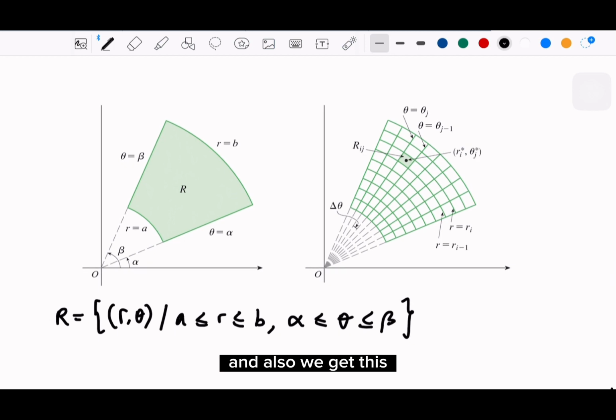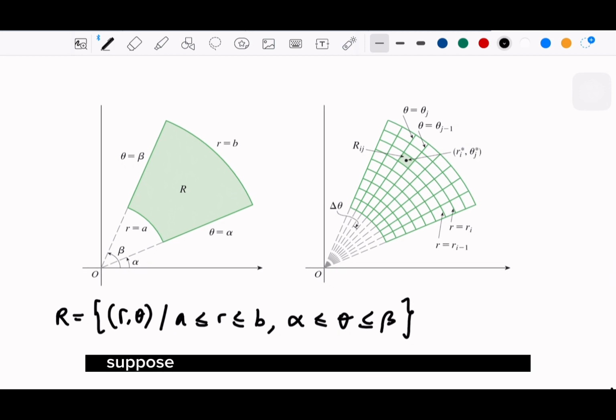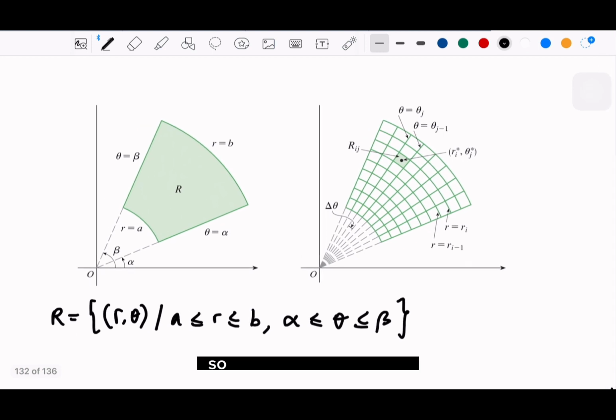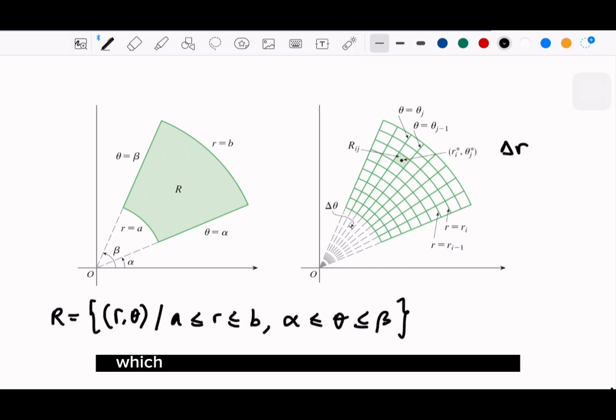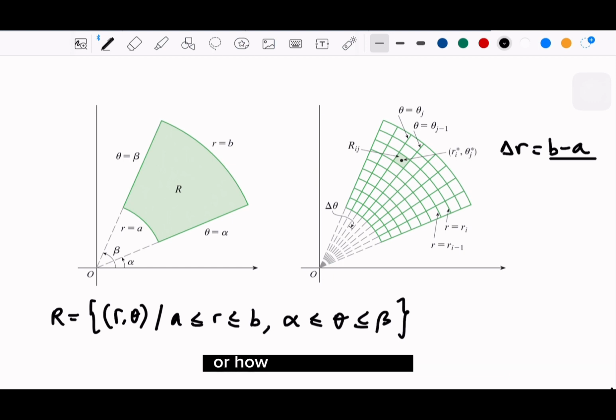Suppose that the small parts of these building blocks are our delta. So we can have a delta r, which is b minus a divided by how many blocks, say m.